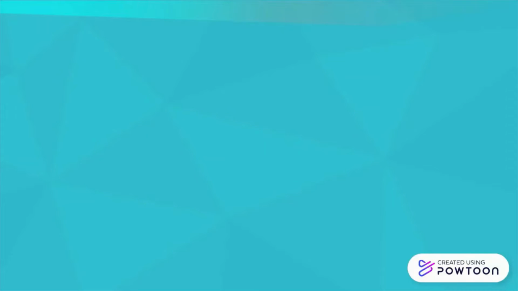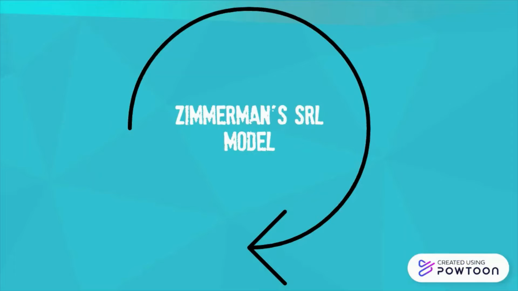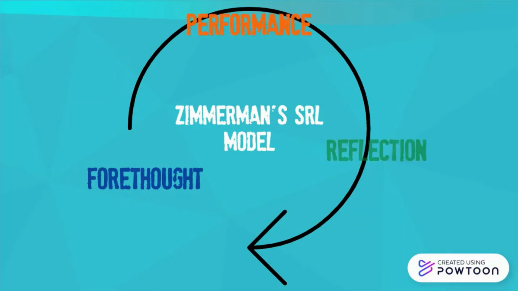Self-regulated learning can be seen as a cyclical phenomenon where learning can be described through different phases. Zimmerman's SRL model is one of the well-known SRL models. In Zimmerman's model, learning is described through three phases: forethought, performance, and reflection.